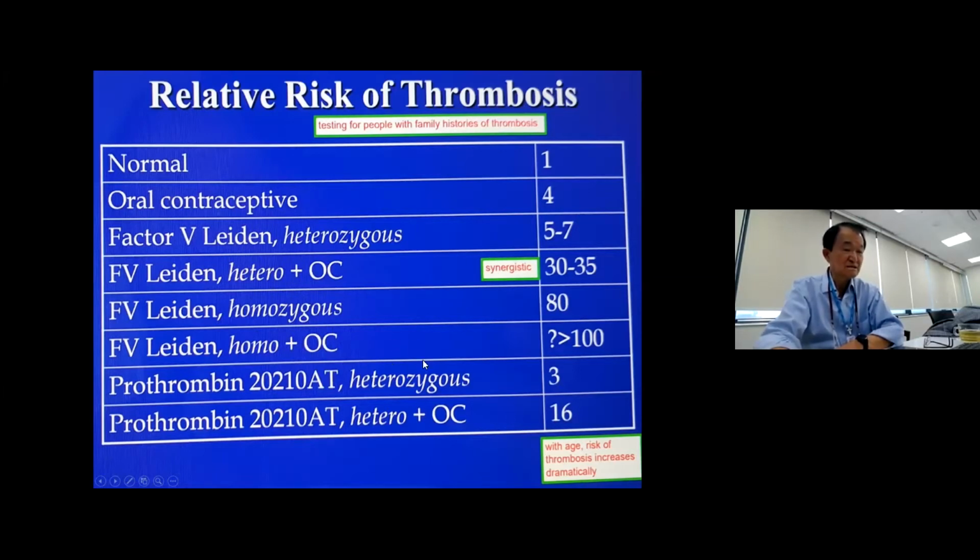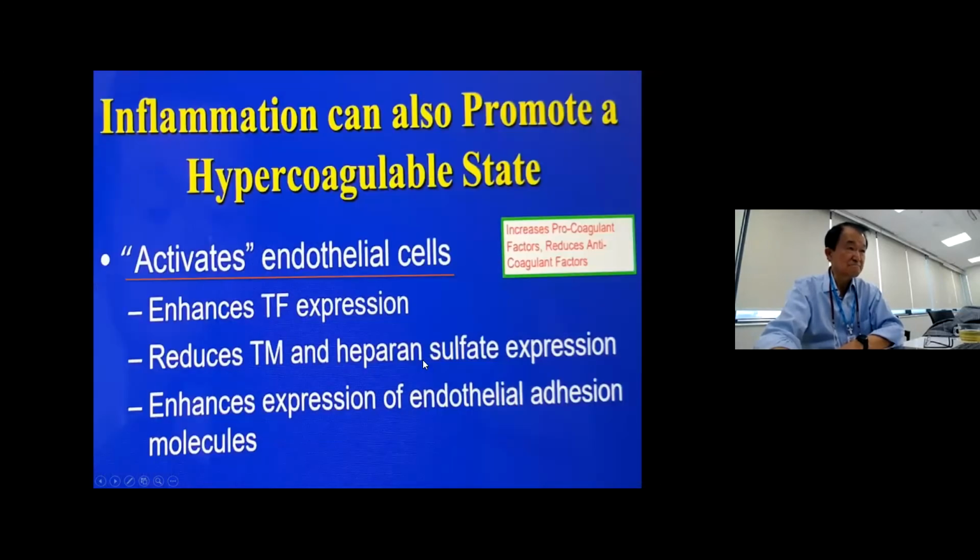So there's a risk. Inflammation is activating endothelial cells. So that enhances tissue factor, that's a problem. Reduce tissue macrophages, etc. Endothelial adhesion molecules will be increased in inflammation. So inflammation causes every disease, particularly this blood clot.